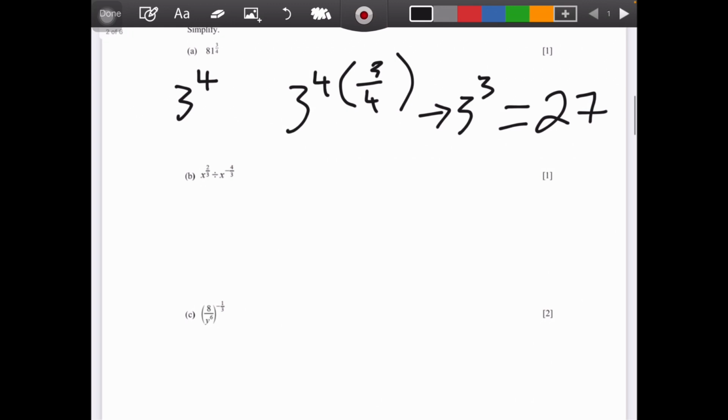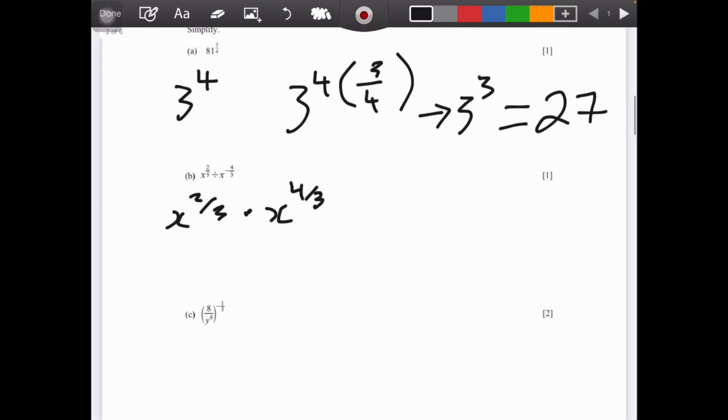Looking at the second question, we can rewrite this first equation, but multiply the two. So we can rewrite this as x to the power of 2 over 3, we keep that the same, times x to the power of 4 over 3. Why?